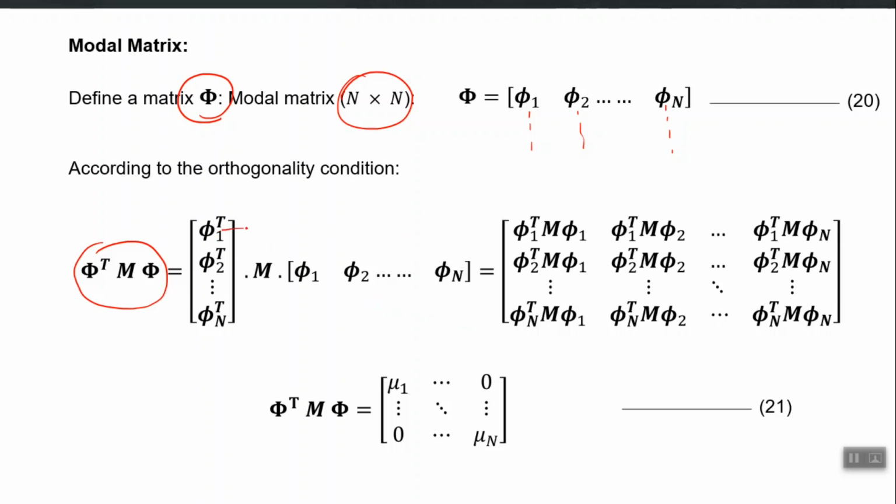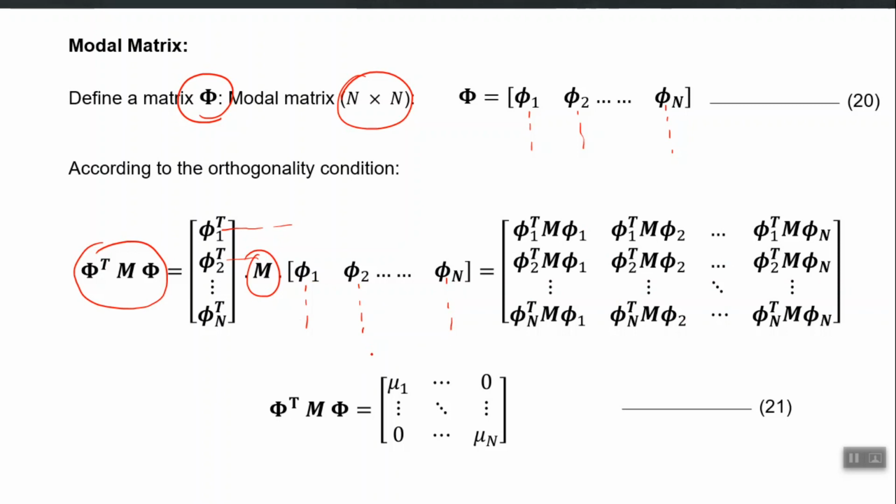So each mode shape is now a row, not a column anymore, multiplied by the mass matrix, multiplied by the original phi matrix, where every mode shape is one column. Now let us evaluate what that product will look like.